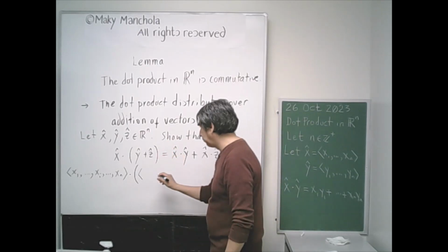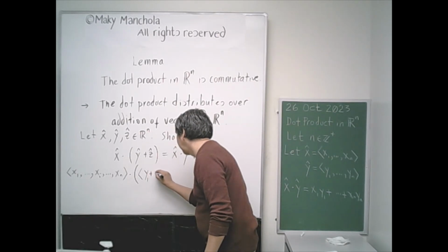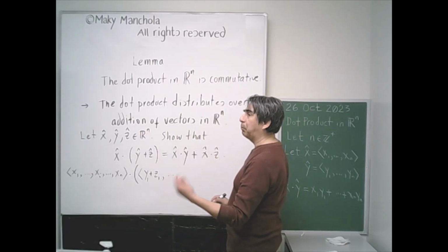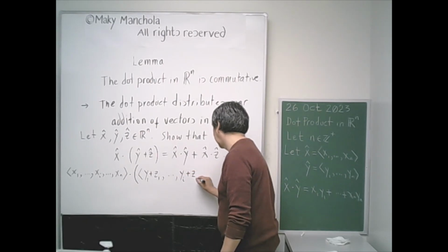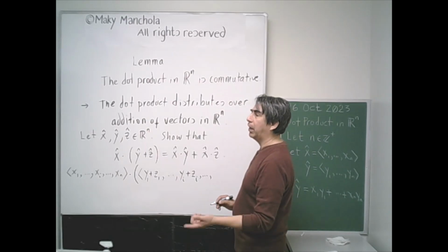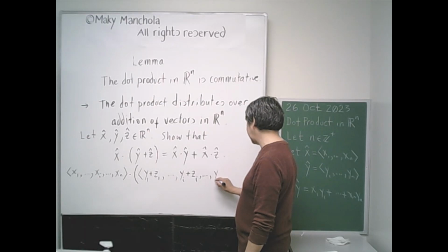You get the following: y1 plus z1, dot dot dot, the typical entry will be yi plus zi, dot dot dot up until the last entry, which will be yn plus zn.